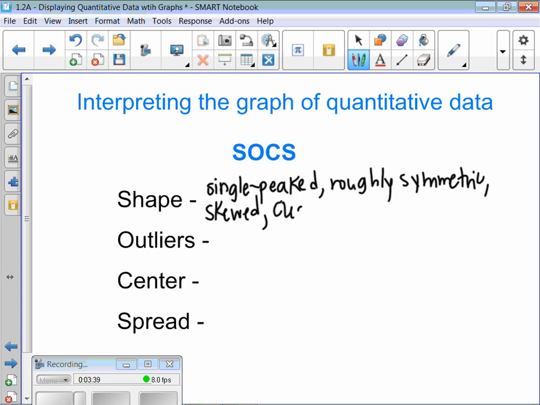Clusters, if there's clusters of points. If there's gaps in the data, you can talk about that. That's all shape, okay? And then outliers, you guys know what those are? They're points that are kind of far away from the rest of the data.